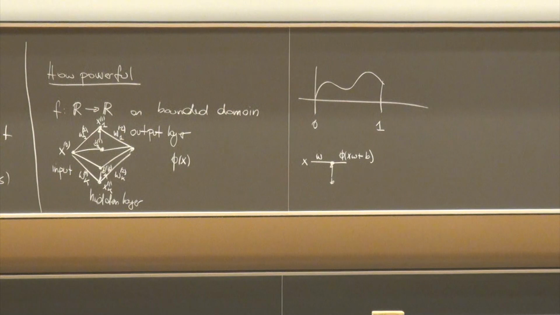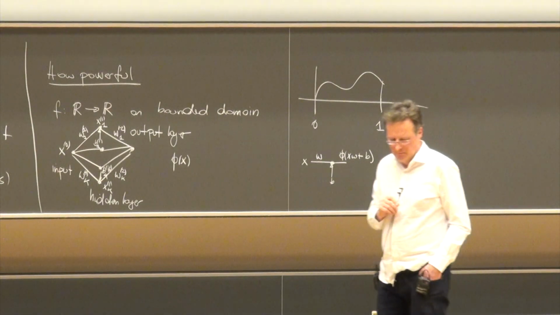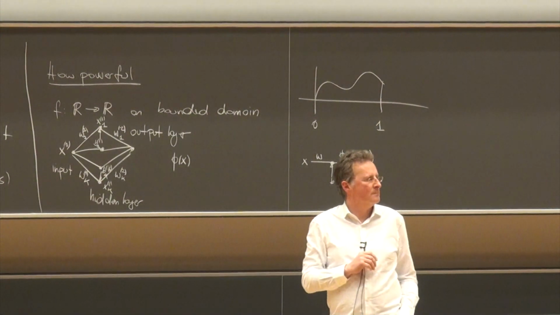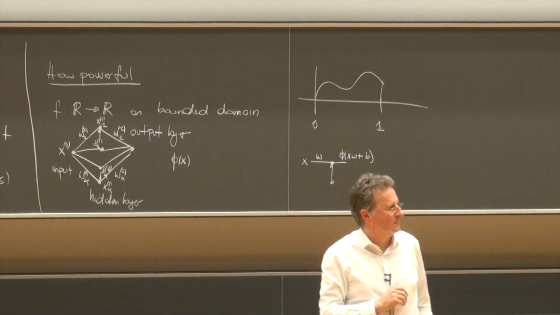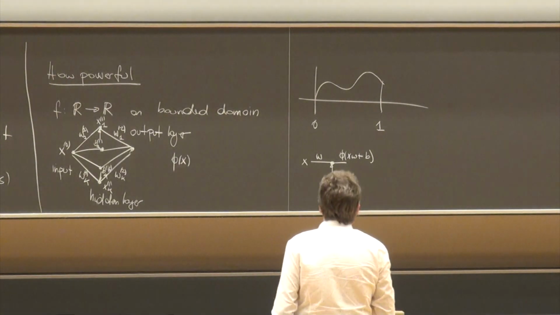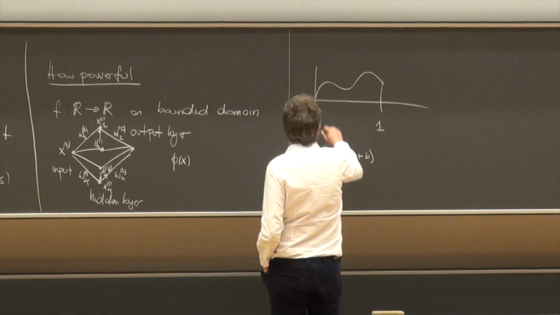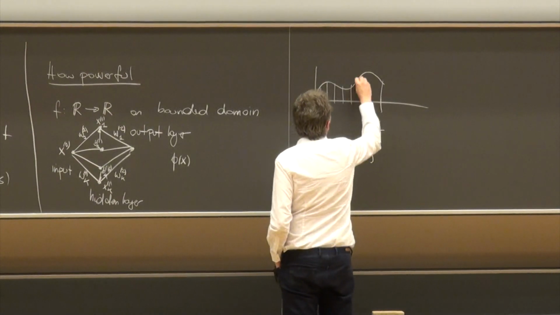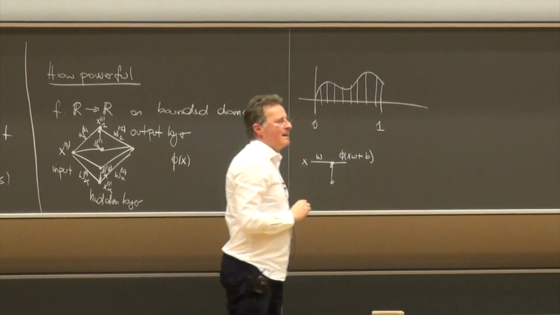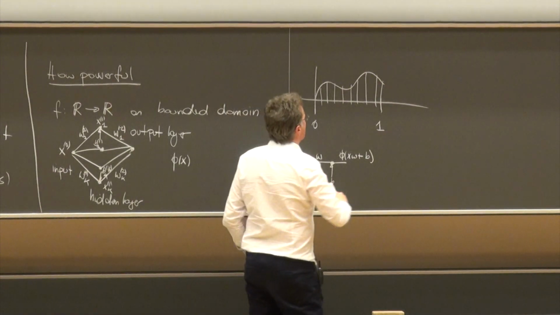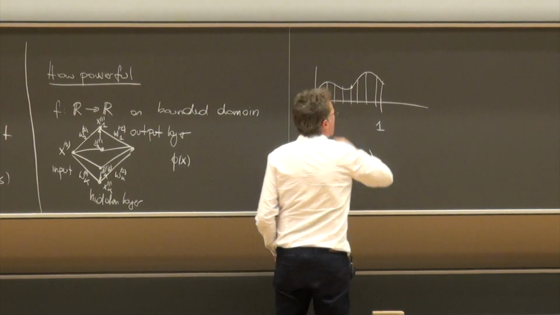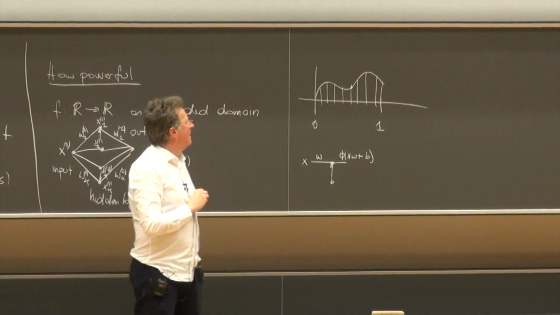Yes? We can divide our interval from 0 to 1 into subintervals, and on each subinterval we want one node to represent the value on this interval. Okay, so your suggestion is let's take something like this, and you always put one node in charge of doing this.